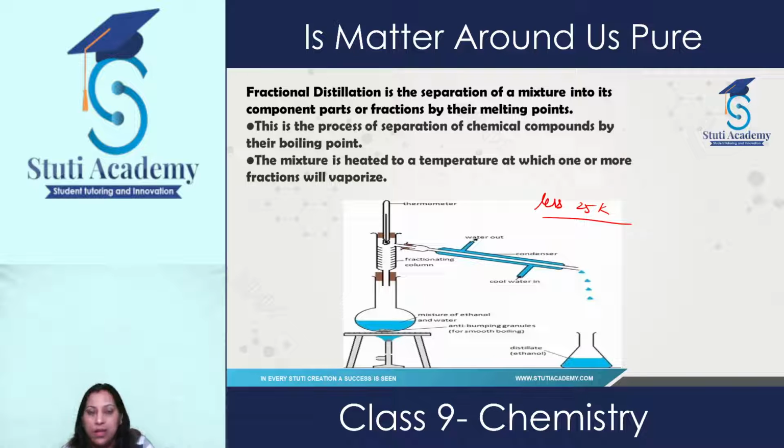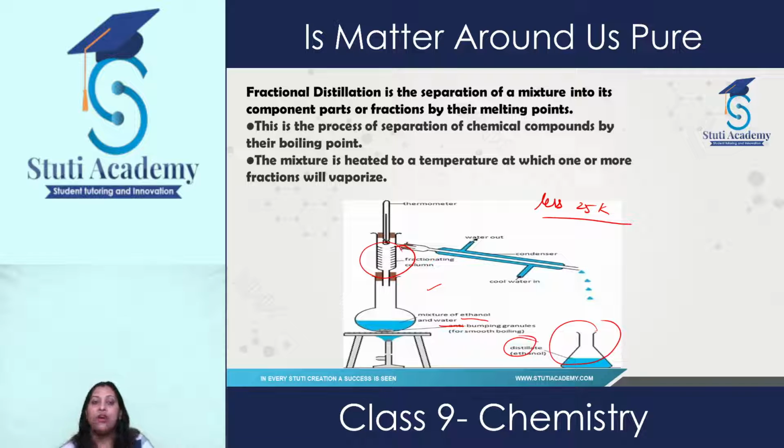An example of such kind is here we have taken a mixture of ethanol and water. When we provide heat, they go into this fractionating column depending upon their boiling point. And the ethanol goes into this condenser where it cools down and converts into liquid form, where it then gets deposited in this conical flask as a distillate. So in this manner, we can use fractional distillation.